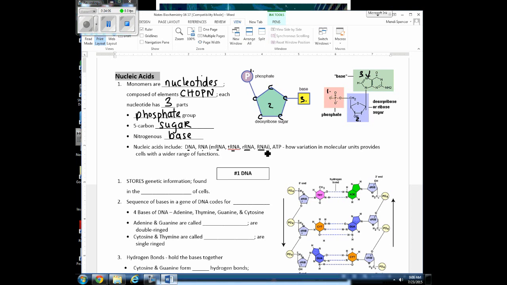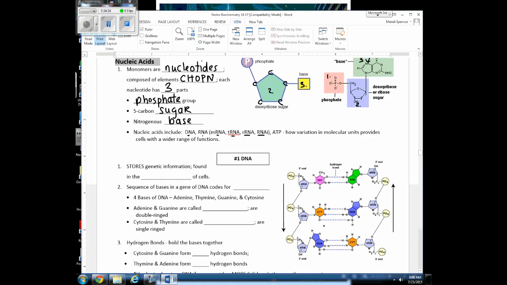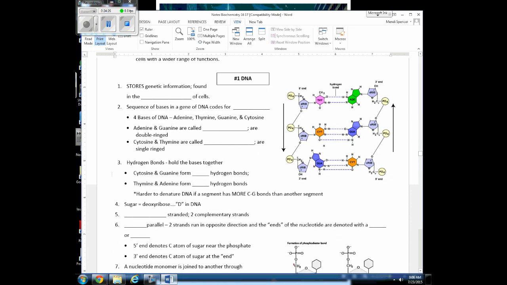I just want to point out again, you have lots of variations of molecules, and these variations can give you a wider range of functions. So you're able to do more things in your cells because you have different molecules with different structures that all have different jobs. So let's just jump into DNA, and it's probably the most familiar to you.